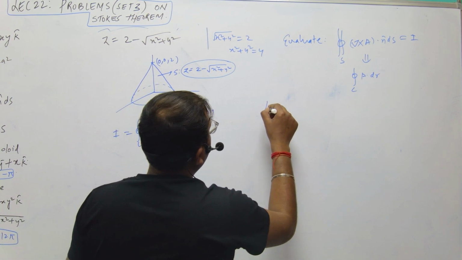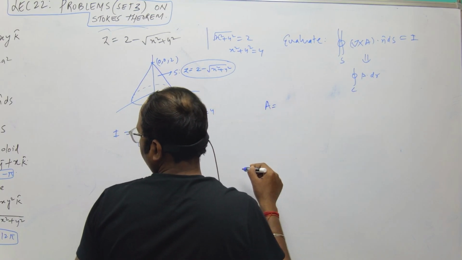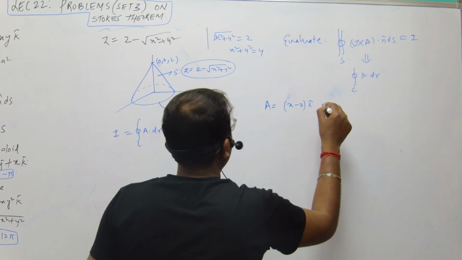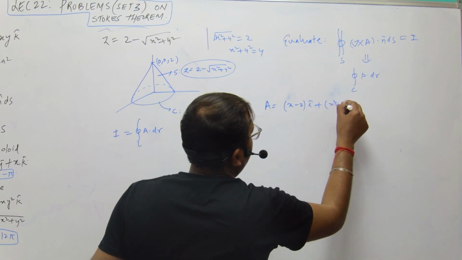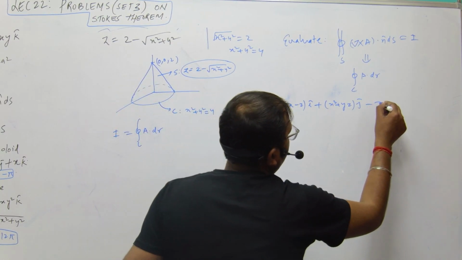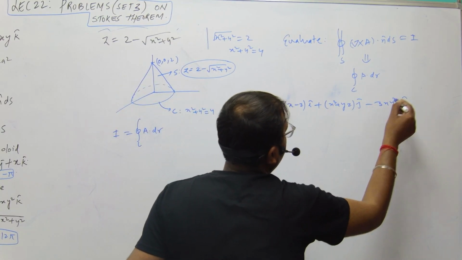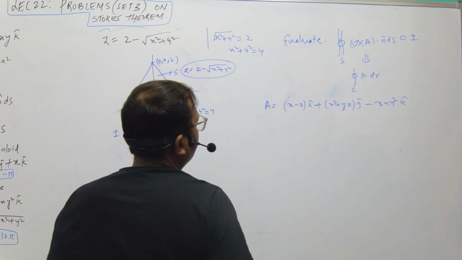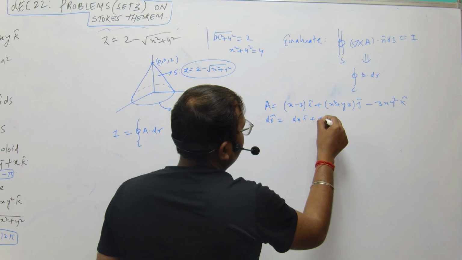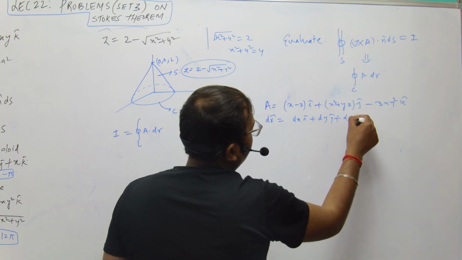The value of A is a vector point function: (x minus z) i cap plus (x cube plus yz) j cap minus 3xy square k cap. Let us calculate A dot dr, and dr we can write as dx i cap plus dy j cap plus dz k cap.